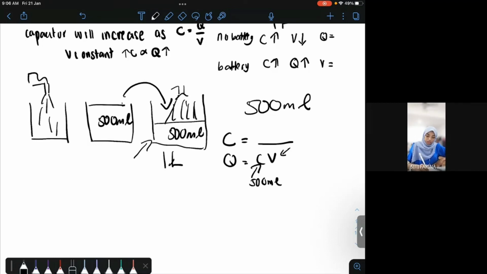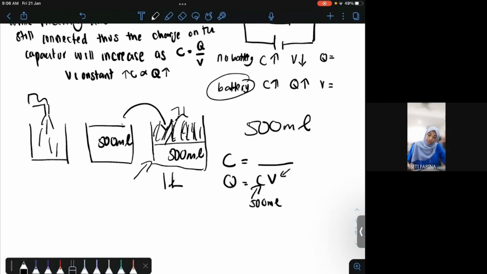Air tetap akan masuk sampailah kamu boleh fill. Okay, ini bila kita tak tutup power supply. And you did not remove the battery, ada battery. So, bila kamu increase the capacitor, you can increase the amount of charge you're going to store.